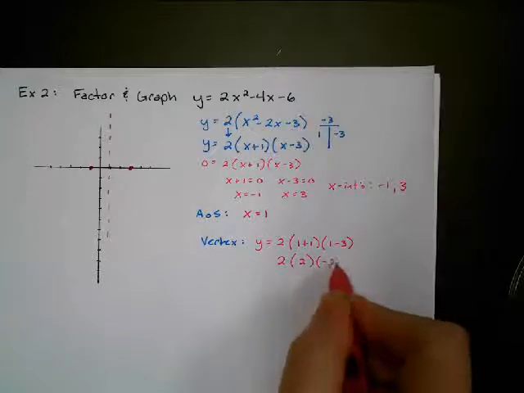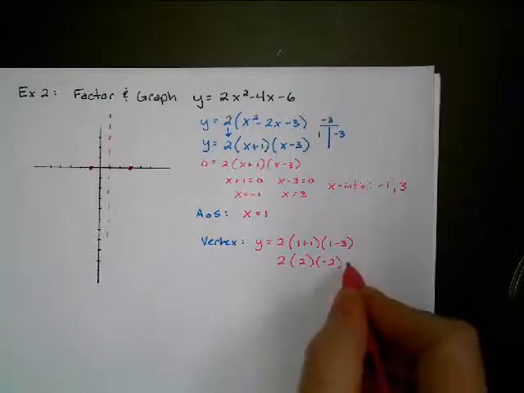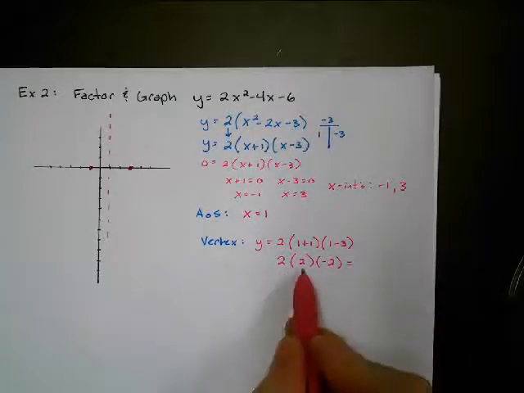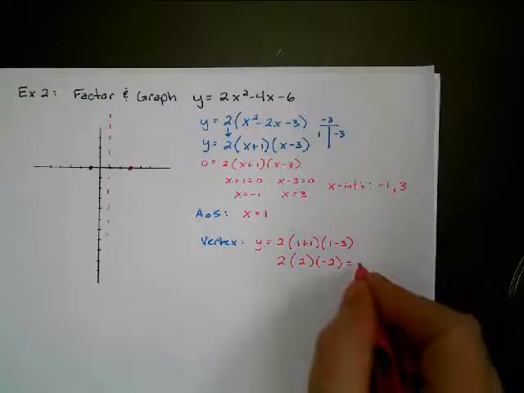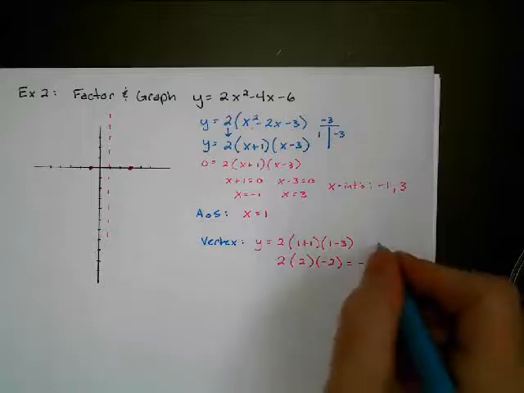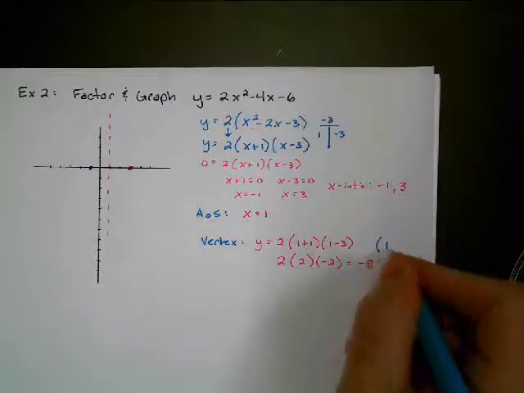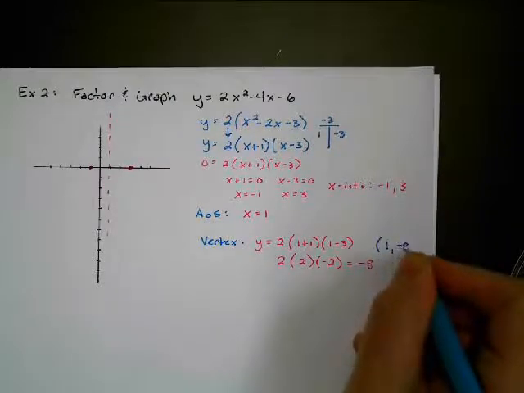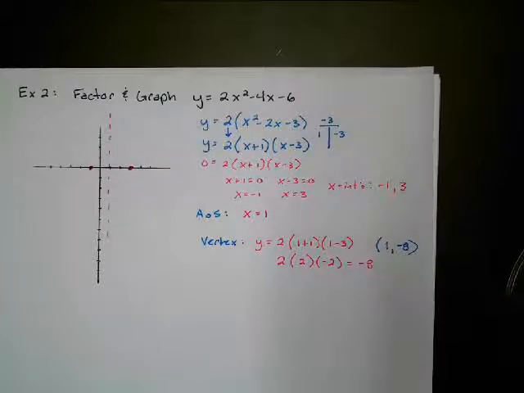So 2 times 2 is 4, times -2 is -8. So this tells me that my vertex is, we plugged in 1, we got -8. That's my vertex. Okay, you find your vertex by plugging in your x value for your axis of symmetry.